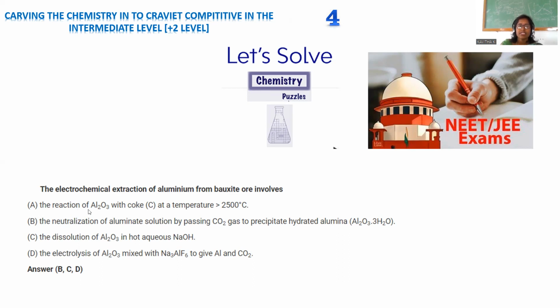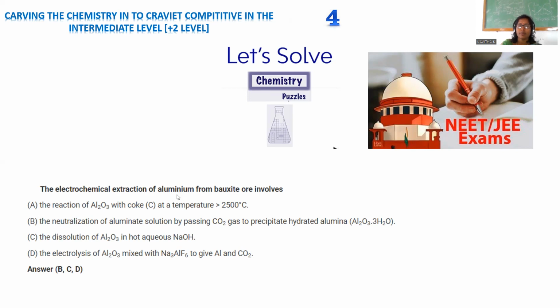The options given start with the reaction of Al2O3 with coke at a temperature less than 2500 degrees centigrade. From these we have to choose the correct options for synthesizing aluminium from bauxite ore by the process called electrochemical extraction.